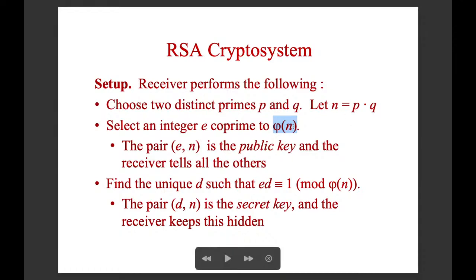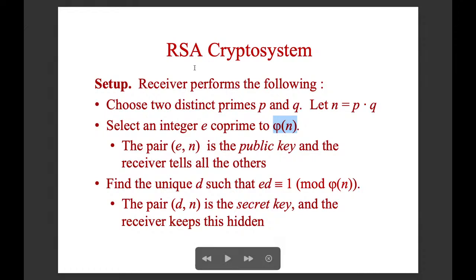And once we know phi of n, we can easily find an integer e that is coprime to phi of n. We just make a trial and error so that we get some integer e that is coprime with phi of n. And then the two special numbers e and n will be called the public key. This e and n can be announced to everyone, any person who wants to send a message to me.